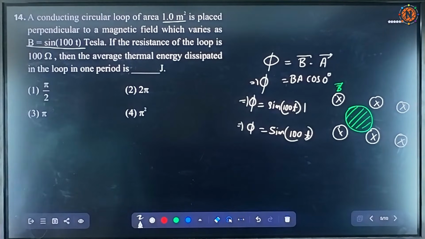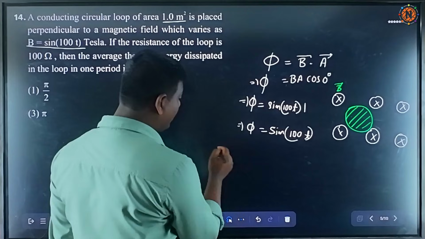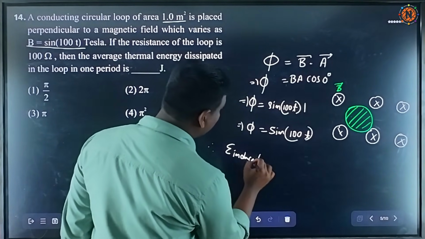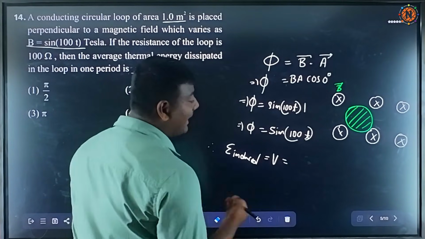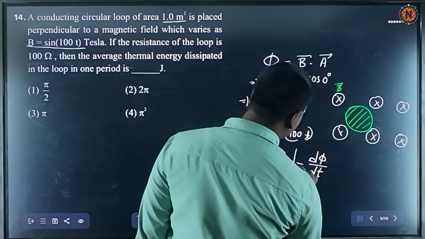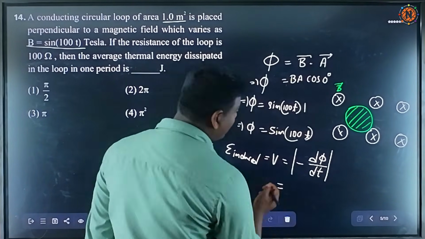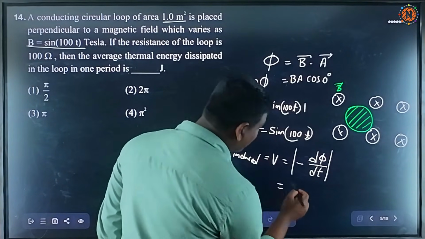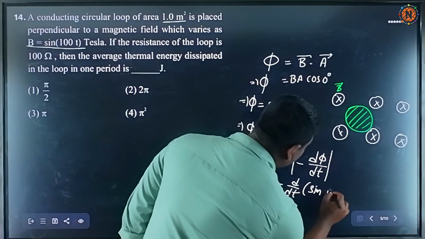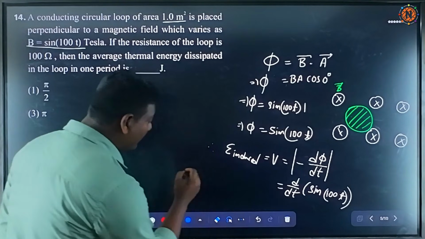Now what we need to find? We need to find the average thermal energy. Now let us find the induced EMF or voltage. Epsilon induced, or directly we can call it voltage. Actually we need to take minus d phi by dt, but we will take just the magnitude only. So differentiate d by dt of sin 100t and get the value of voltage.